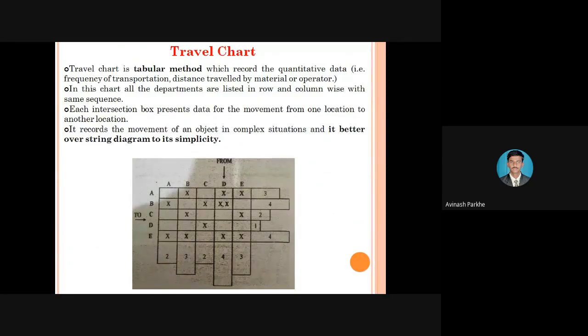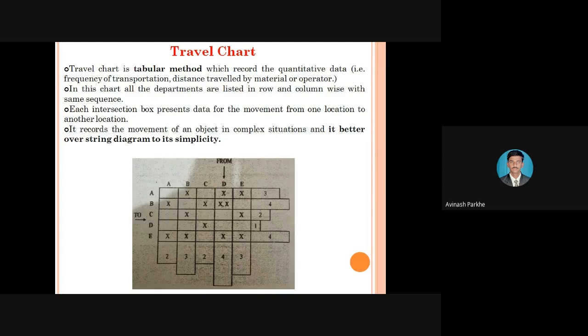But this particular string diagram takes a longer time to obtain the correct distance traveled by the operator or the material. It means from one machine to the second machine, you have to take that particular string.